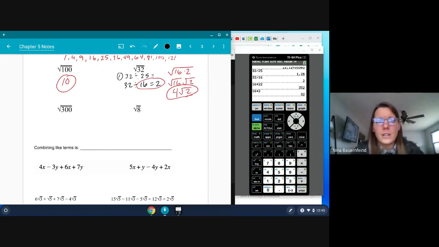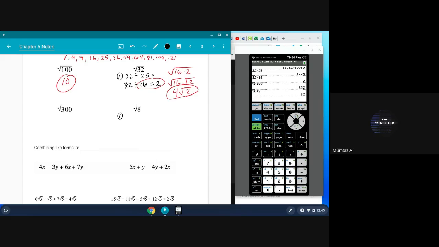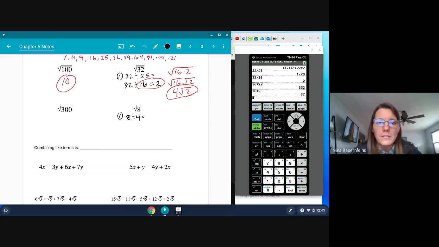All right. Let's do this square root 8. So what number is close to 8 in the list, but not over 8? 4. 8 divided by 4. What's 8 divided by 4? 2. Yep.